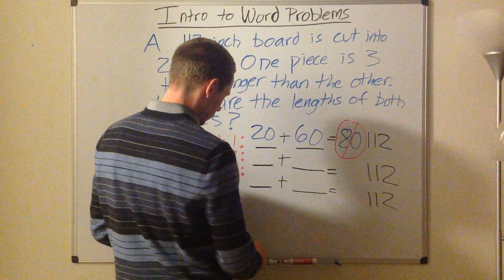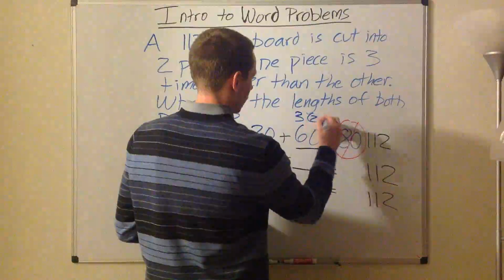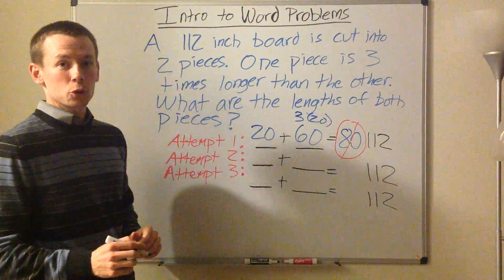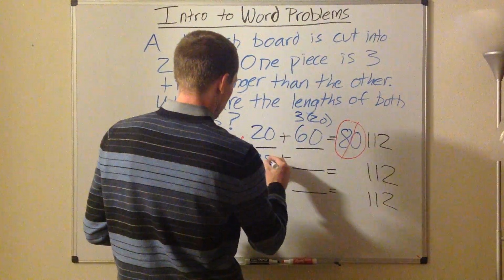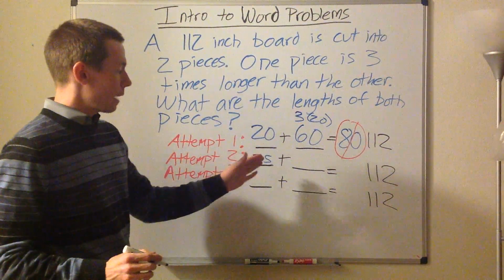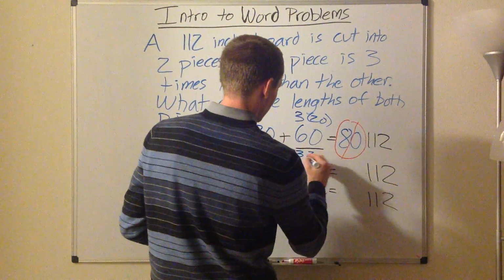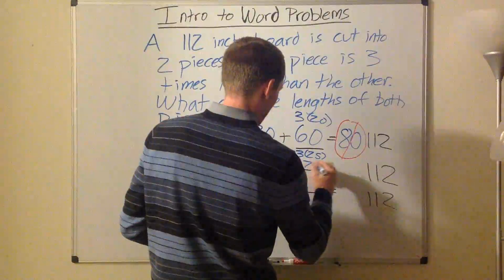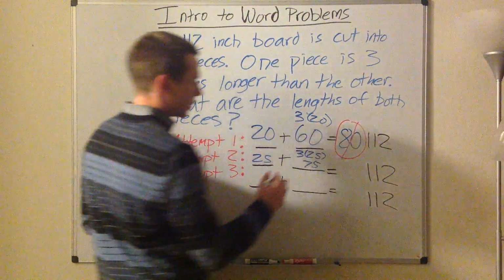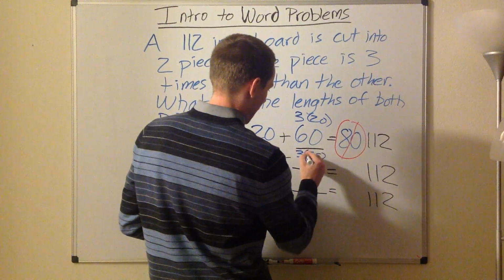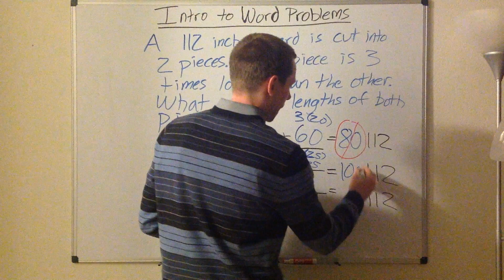So up here I'm going to put 3 times 20. Okay? Let me try another number. Let's try 25. I'm going to have to multiply that by 3 as well to fit the problem. Three times 25 is 75. And that gets us 100.